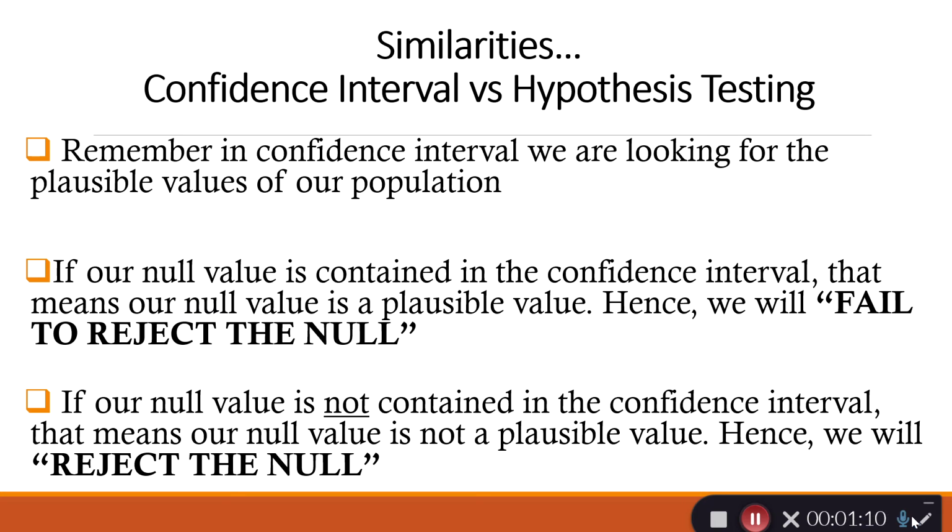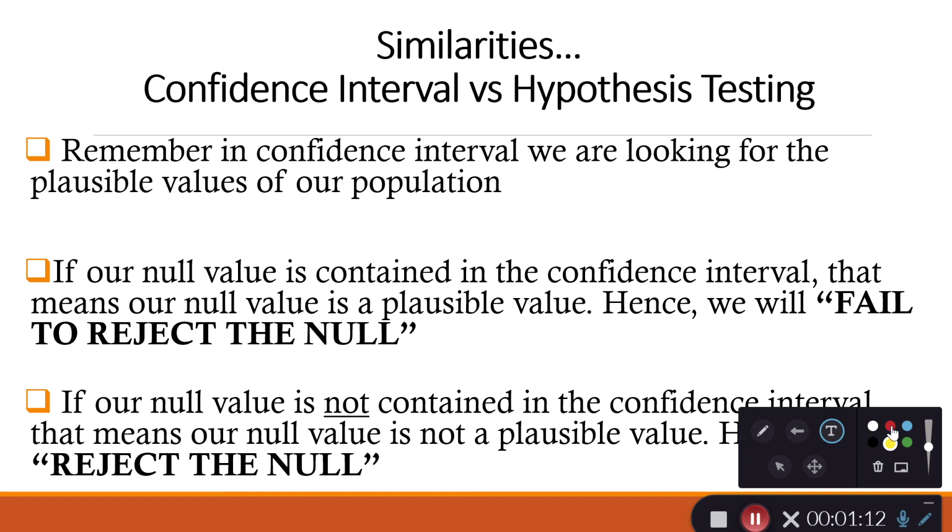So what this is just saying is, assuming our null value, let's say for example our null value here is 15, right? And you compute your confidence interval, and the confidence interval is between 11 and 17. This is your confidence interval.